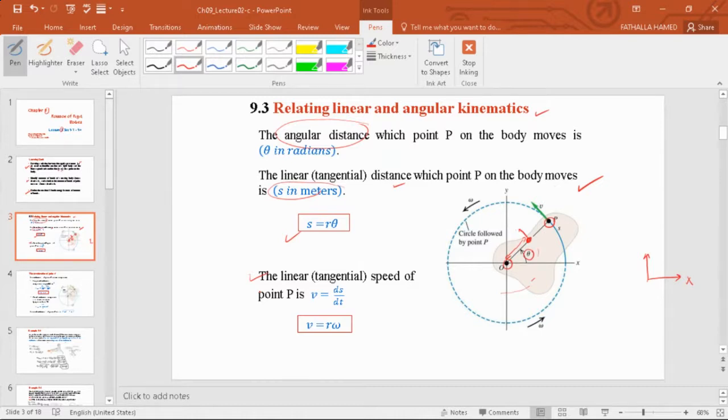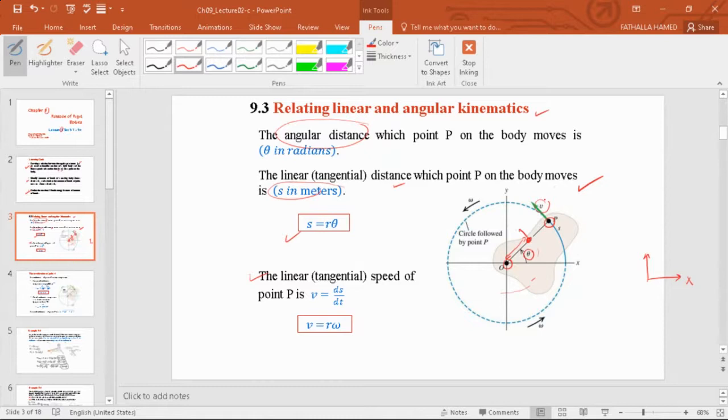And we talked about non-uniform circular motion. And in that, we talked about radial acceleration, or centripetal acceleration, which is equal to v squared over r. Now, we said this speed that we have here is the tangential speed.